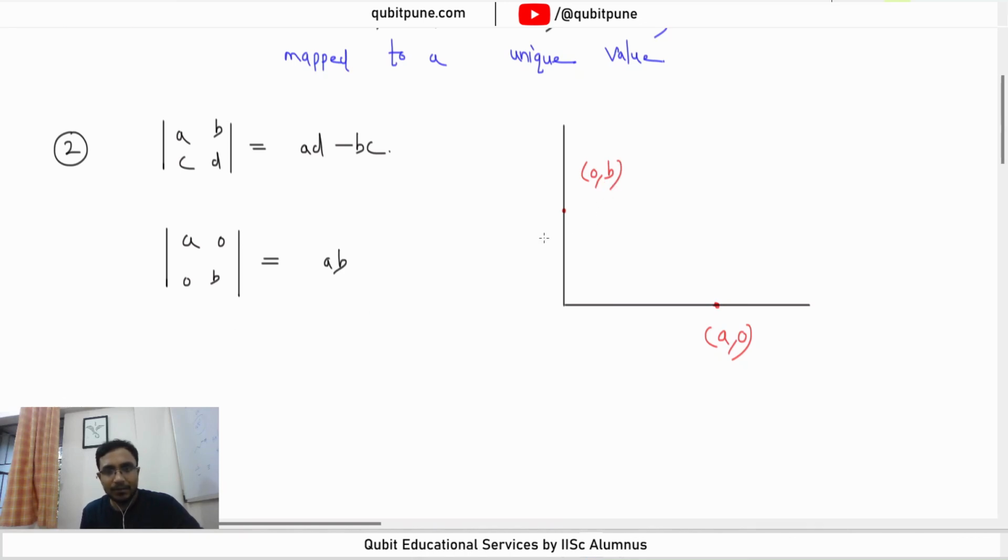And if I draw a rectangle, then AB is actually this area.